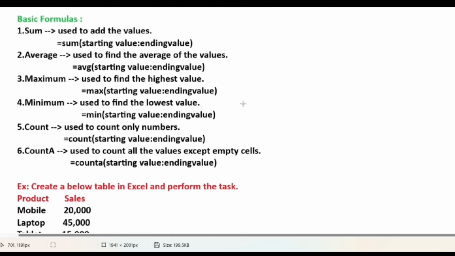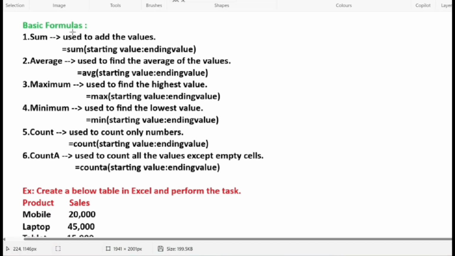Now the next topic is basic formulas, which are mostly used by data analysts in day-to-day life. The first one is sum, which is used to add the values. The next one is average. If you want to calculate the average of the values, use the average formula.